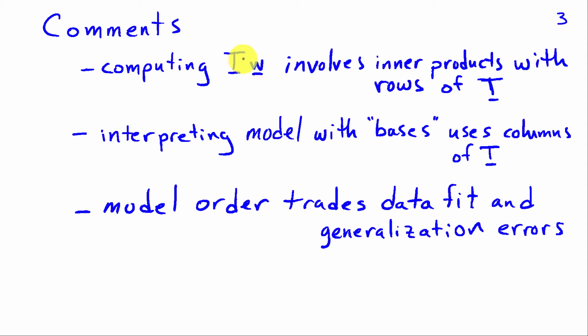Rather than considering the rows of T, we're going to think about the columns of T, and what this describes is modeling the data as a weighted combination of the columns of T, which we'll call bases. Then depending on the number of terms we include, we have different model orders, and that will trade off our ability to fit the measured data against the ability to generalize.